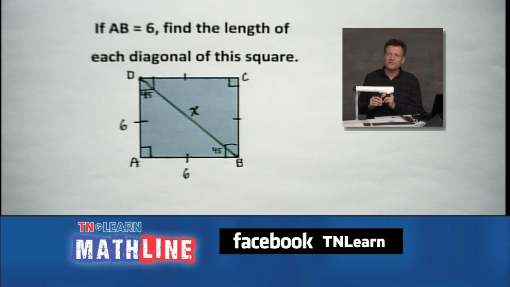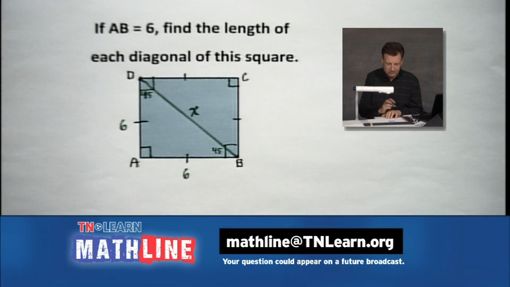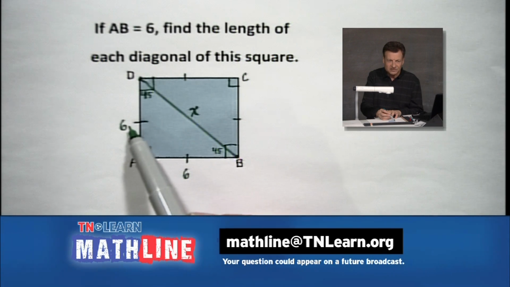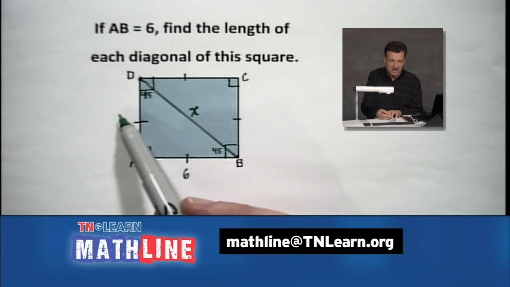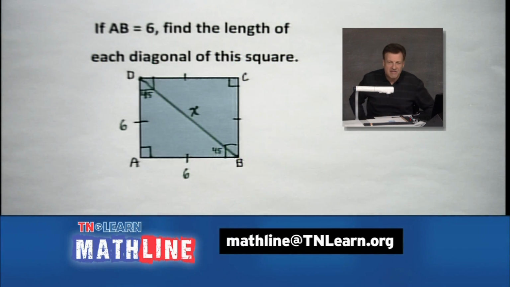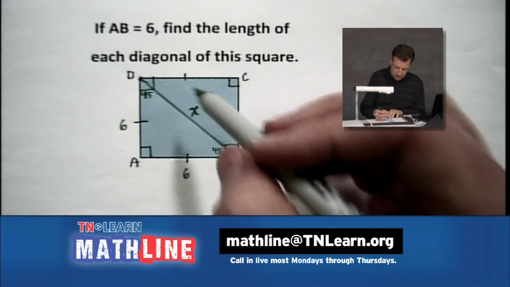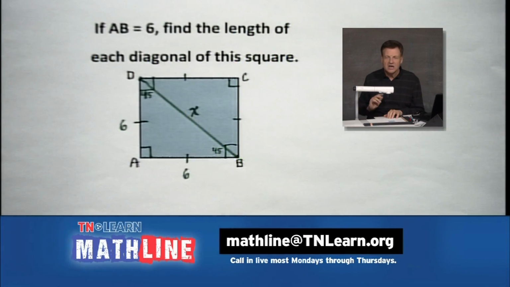Here's this good old friend of ours called the Pythagorean Theorem, which says a squared plus b squared equals c squared, right? The sum of the legs squared. So we square the leg of 6. We square the other leg of 6, and we add them together. The sum means we add, and we get the hypotenuse, which in this case is our lovely x here. It gets squared.